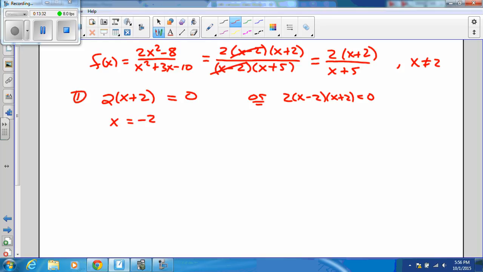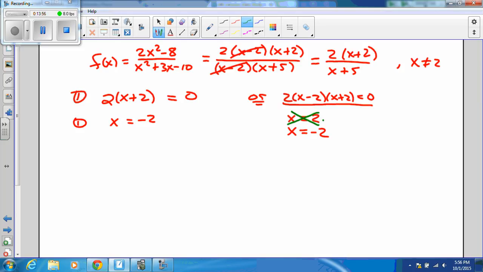But now, in the original, when I solve, then I get the one zero for the function, which was x equals -2. If I use the entire numerator from the original function, then I get 2 solutions to the equation, but one of these solutions is a false solution.